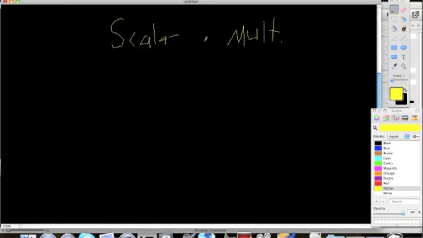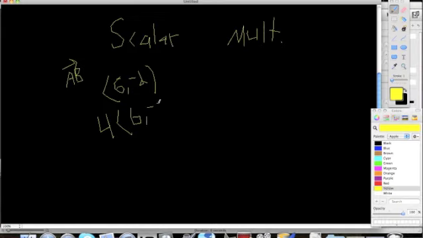So, say you have a vector AB again, with components, say 6, -2. Now, if you wanted to scale that by a number of 4, you would put a 4 in front of the components, and the final vector would have new components of 24 and -8.